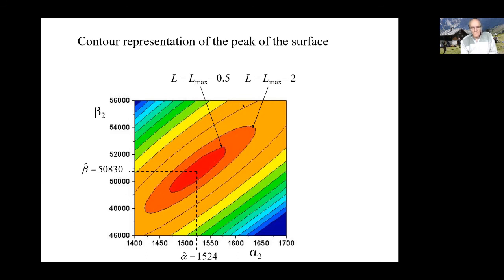Or if you want greater certainty, you could use these bigger contours. The advantage of likelihood intervals, of course, is they don't have to be symmetrical. You can see that the upper limit is going to be a bit bigger than the lower limit. But that's, in general, not really necessary.